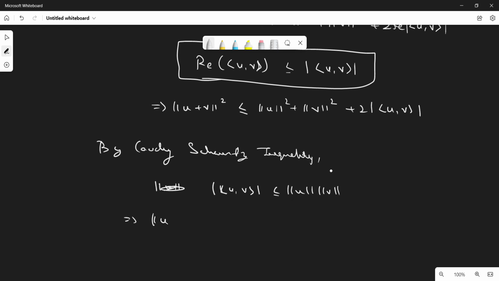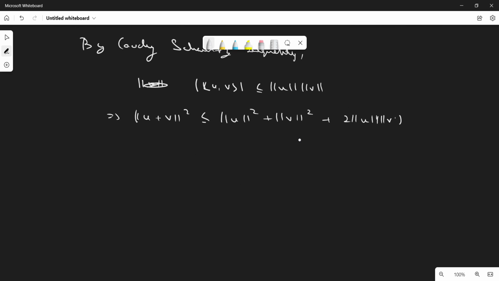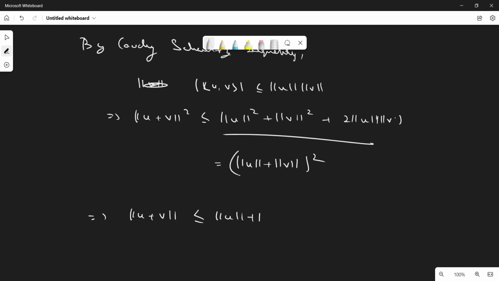From here we get norm of u plus v whole squared is less than or equal to norm of u squared plus norm of v squared plus 2 times norm of u times norm of v. So now this is equal to norm of u plus norm of v whole squared. So from here you get norm of u plus v is less than or equal to norm of u plus norm of v for all u, v belonging to the vector space. Clear?